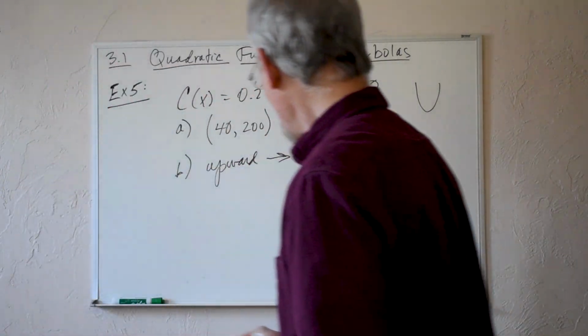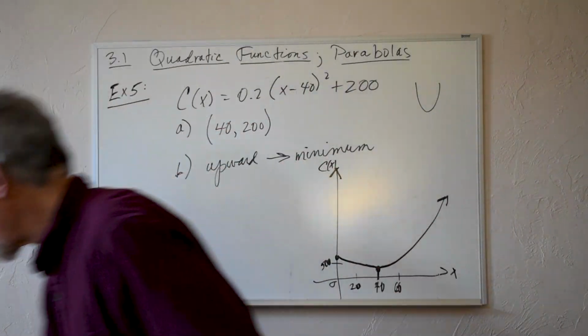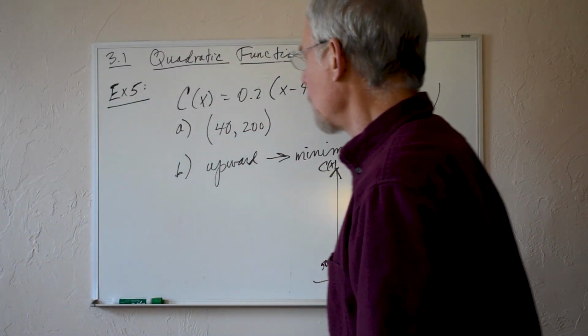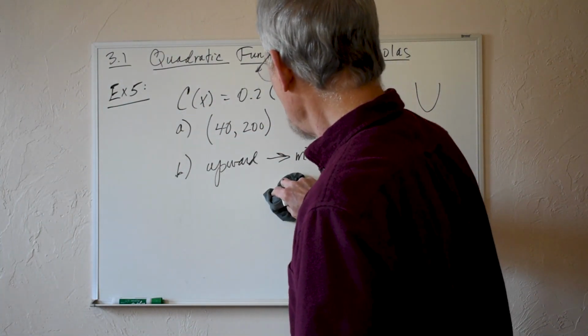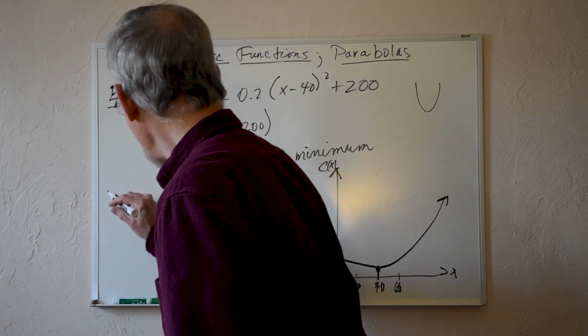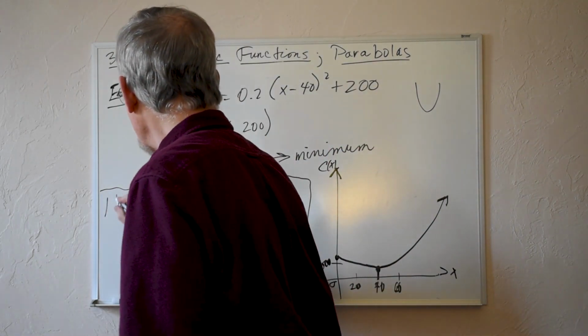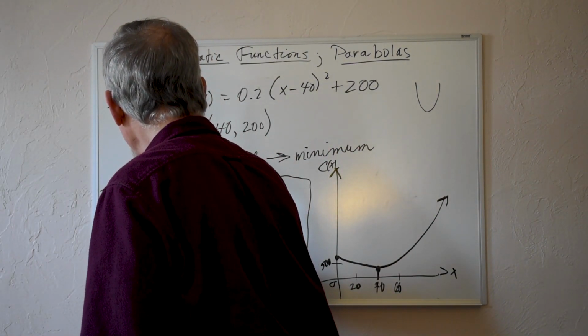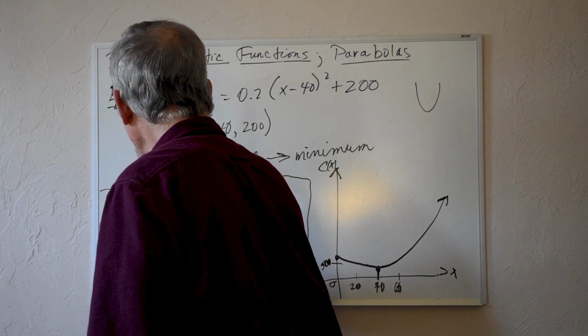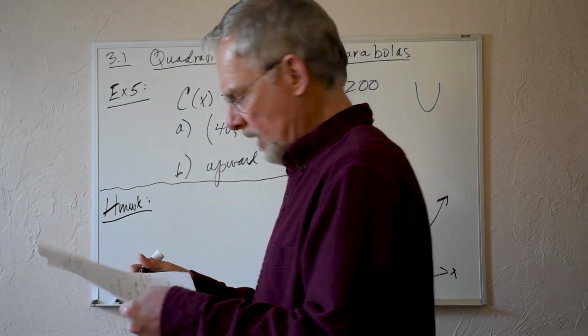All right, let me put your homework up here. I think in the future I'll probably be putting it out in an announcement, but for now we'll just do it the old-fashioned way. Homework.